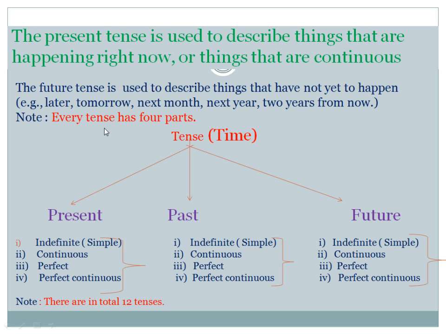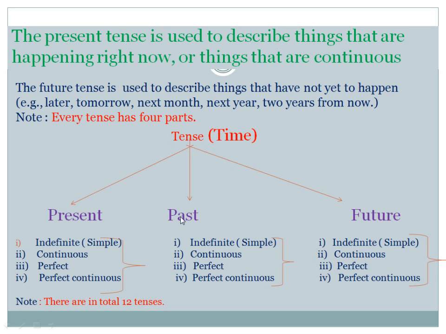Every tense has four parts. Tense: present, past and future. And every tense has four parts: indefinite, continuous, perfect, perfect continuous. We can say present indefinite, present continuous, present perfect continuous.